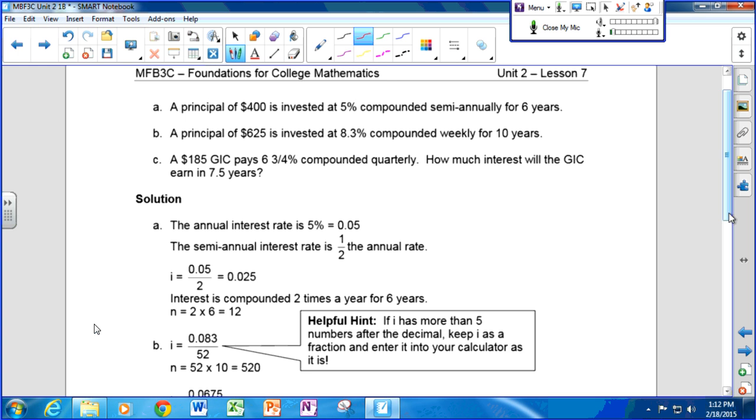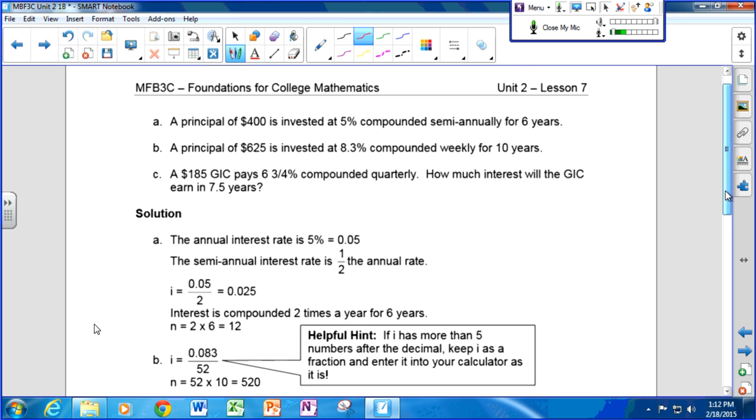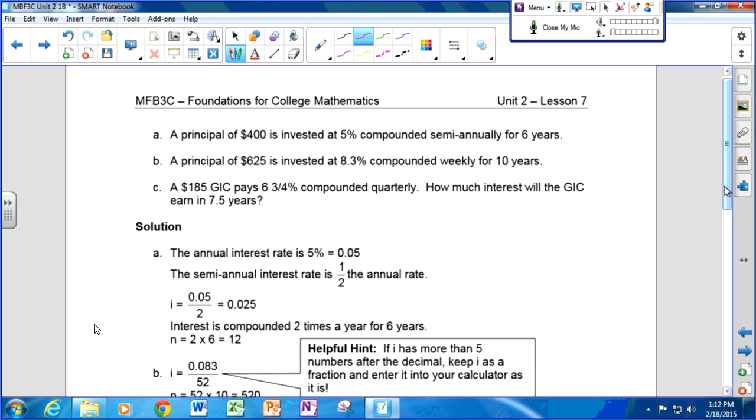Okay, and so let's see some practice here. So example 1A, top of page 10. Okay, just check and see who we got. So what do we have? A principal, so that's our P, of $400 invested at 5%, 0.05.